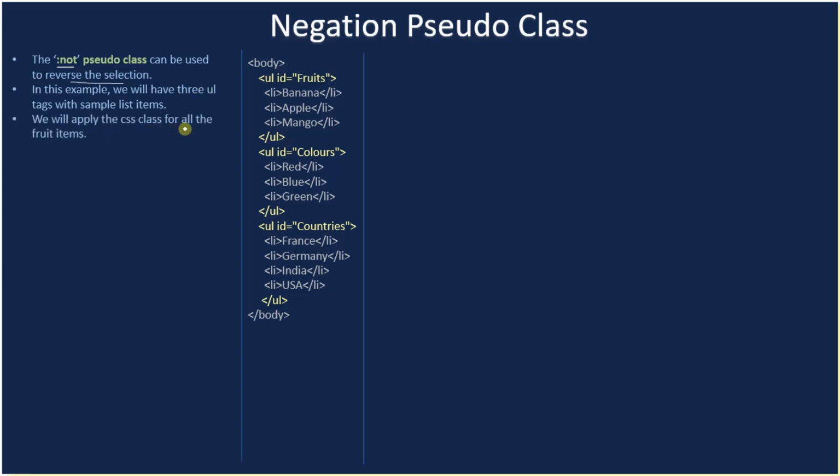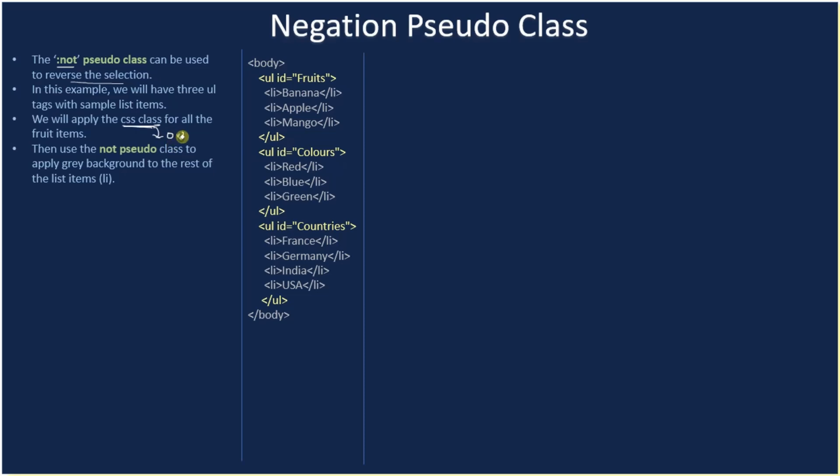We will apply a CSS class for all the fruit items, right? Then use the not pseudo class to apply gray background to the rest of the list items. Add CSS class, in the sense here we are talking about overline and underline.